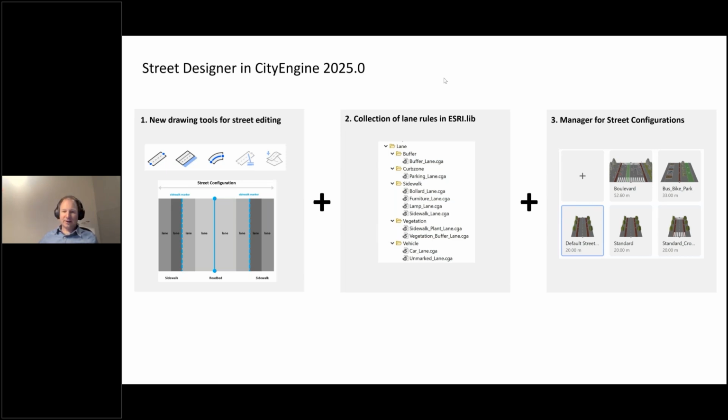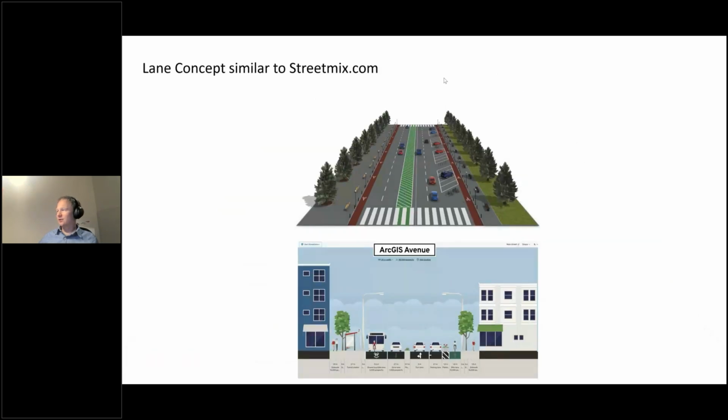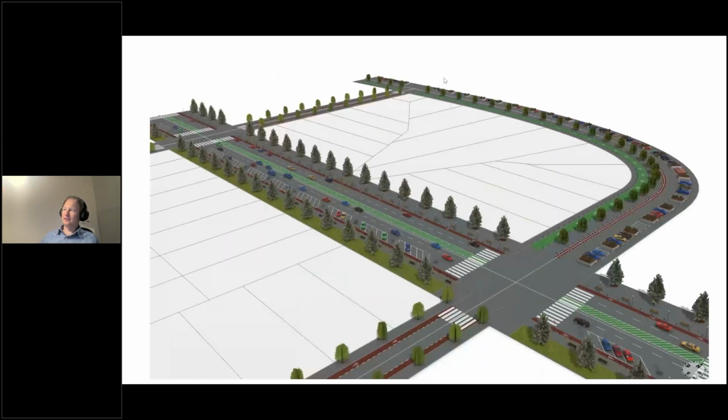So, the presentation with a few screenshots. Here again, as I've already shown, the large boulevard. Then here, the final state of the street network that we created just before.